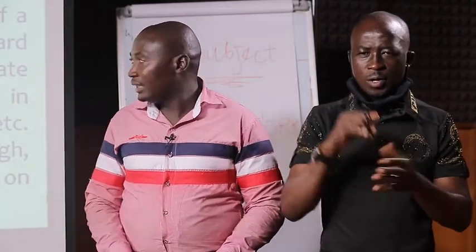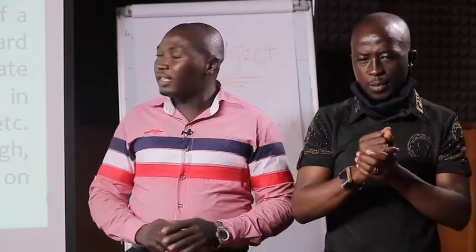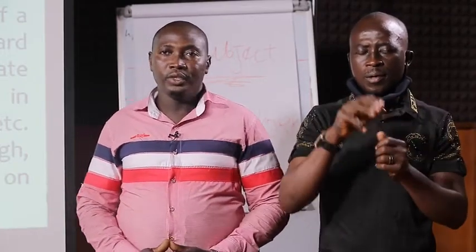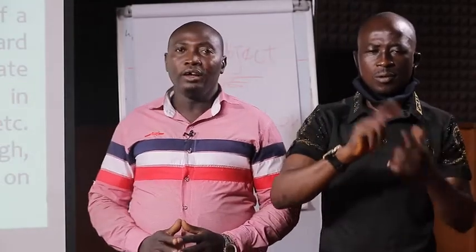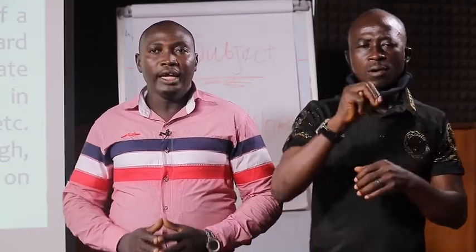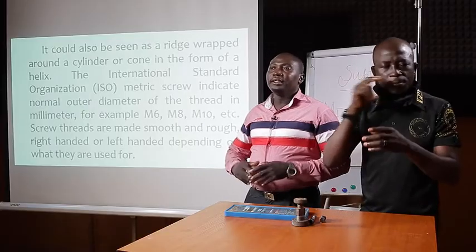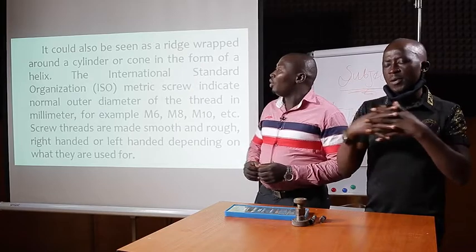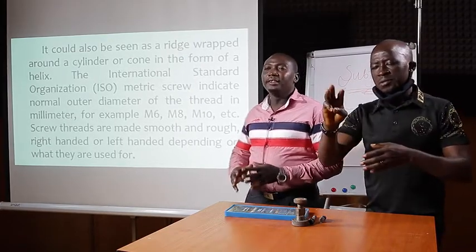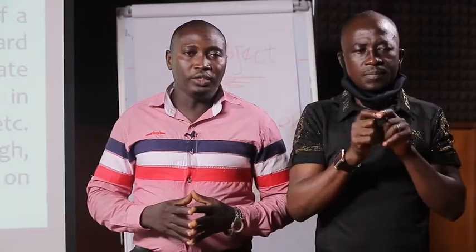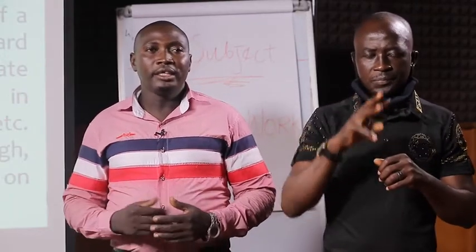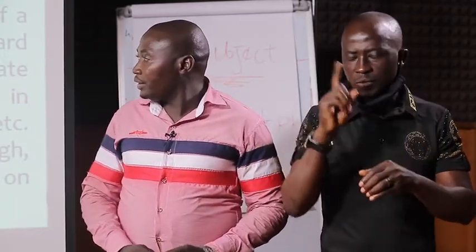So it's standard. For instance, you can have an M-thread screw in Nigeria, take it to America or the UK, and that M6 or M10 is the same thread you find there. So you can use the M-thread anywhere. That is why it's standard.